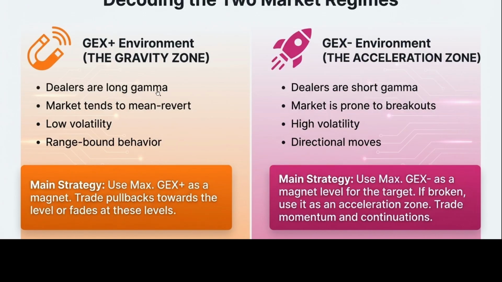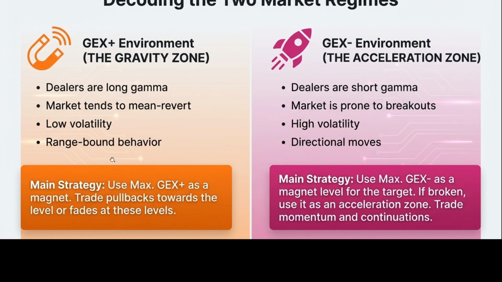If dealers are long gamma, then the market tends to mean revert. There will be low volatility, and we expect range-bound behavior.